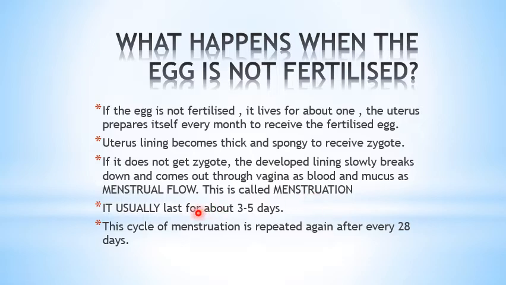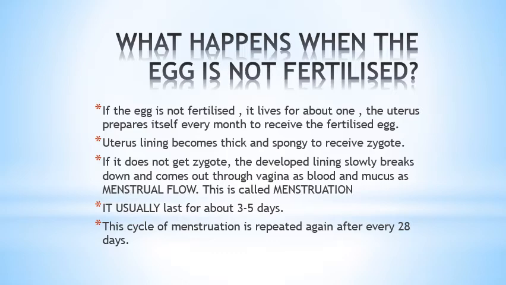It usually lasts for about 3 to 5 days, and this cycle of menstruation is repeated again after every 28 days.